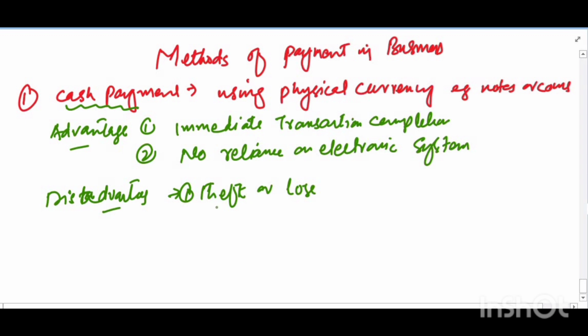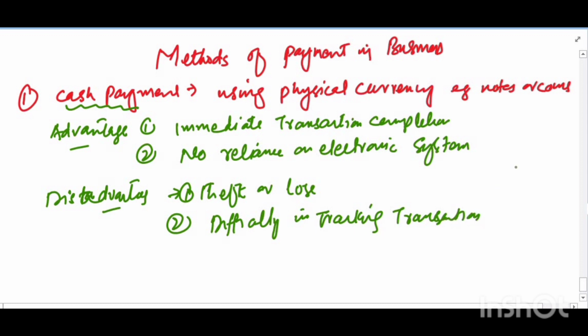Another one is difficulty in tracking transactions. If you incur expenses and pay for them in cash, it will be very difficult for you to track those transactions.